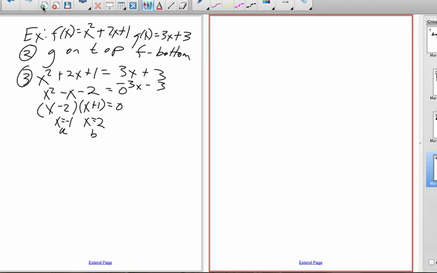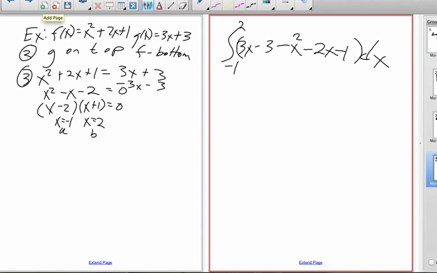So I'm going to have the integral from negative 1 to 2 of 3x plus 3 minus x squared minus 2x minus 1 dx. And I do each one. This is going to give me 3 halves x squared, evaluate from negative 1 to 2. No, wait. I want to combine some terms before I do this.